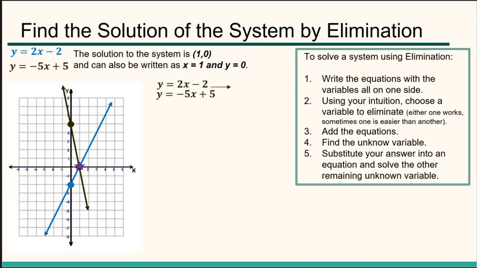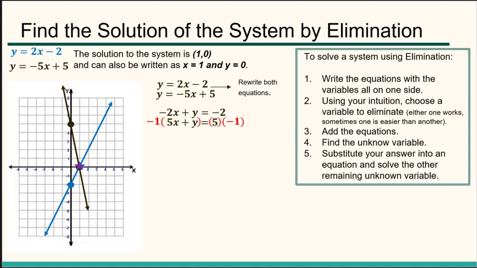So here are our two equations. I'm going to need to rewrite both of these, moving the x's over to the left-hand side. For the top equation, I'll subtract 2x from both sides, and I get negative 2x plus y equals negative 2. In the bottom equation, I'm going to add 5x to both sides, and I'll get 5x plus y equals 5. I have that same scenario as before with the y's.